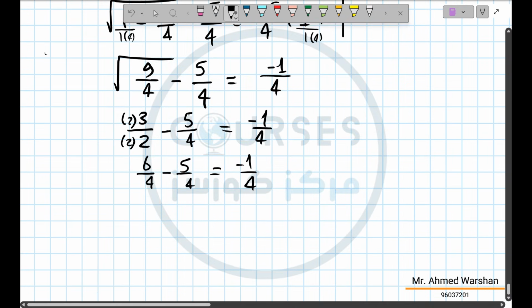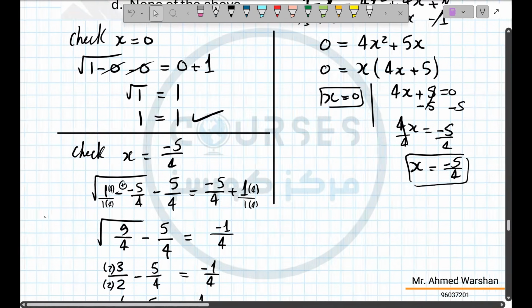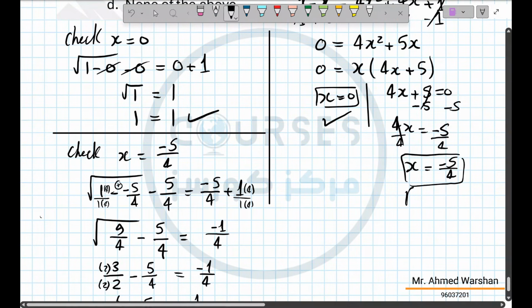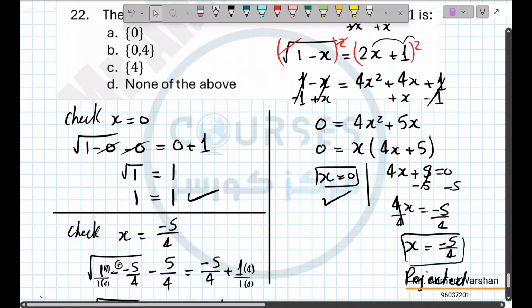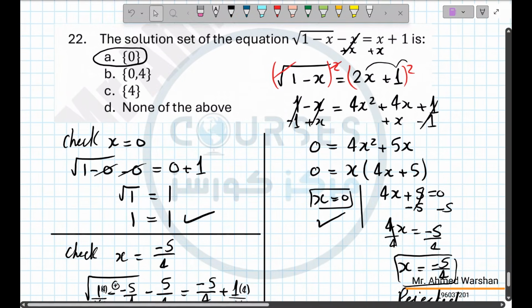But when we subtract this, it's actually 1 over 4. So it's not equal to negative 1 over 4. So in this case, this is accepted, this is rejected. So actually the answer is just x equals 0. An evil one? Yeah, I know.